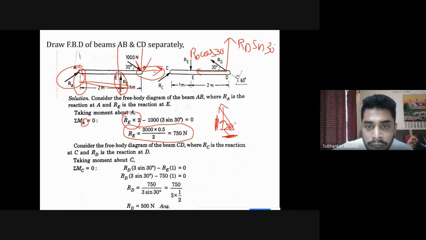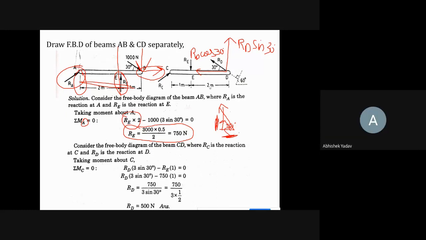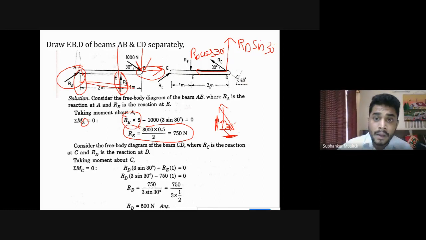Then I will not take this force RC because it is passing through point C, so it will not rotate the body. Then I will take this force RE. RE into which distance? RE into 1 meter. Now the sense of the moment, positive or negative. For that you have to see whether it is clockwise or anti-clockwise.